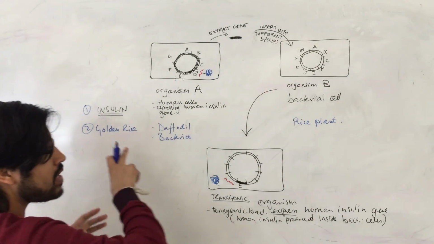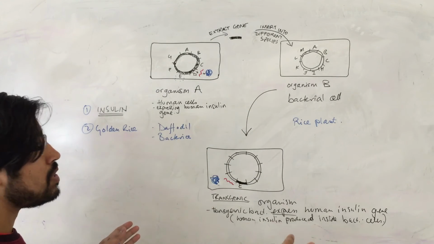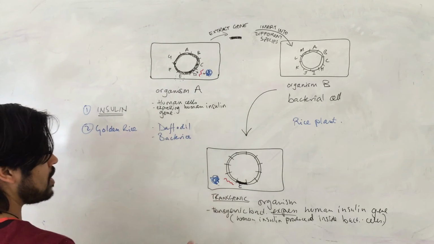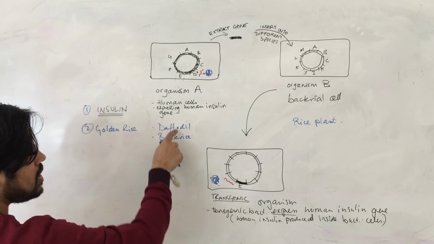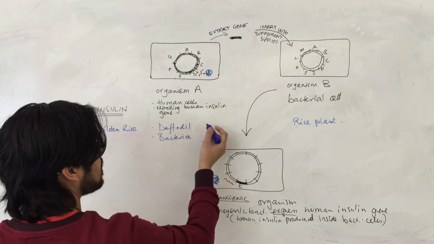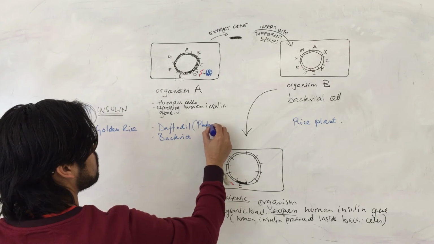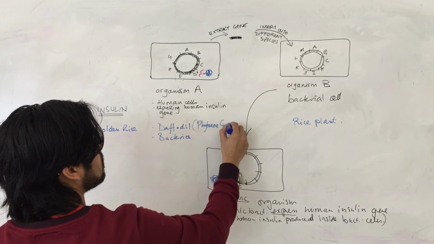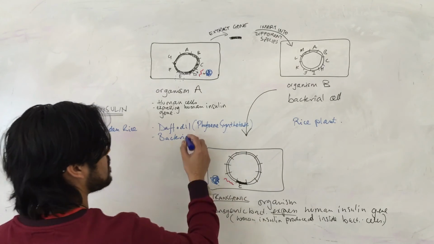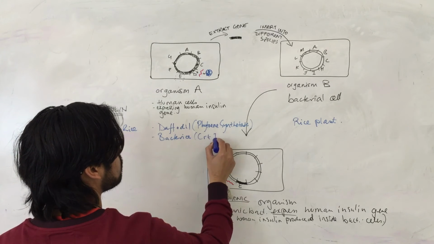The rice plant needs certain genes to convert this compound into beta-carotene, and the enzymes it doesn't have were found in 2 different organisms. Daffodil has an enzyme called phytoene synthetase, and bacteria have an enzyme called CRT1.